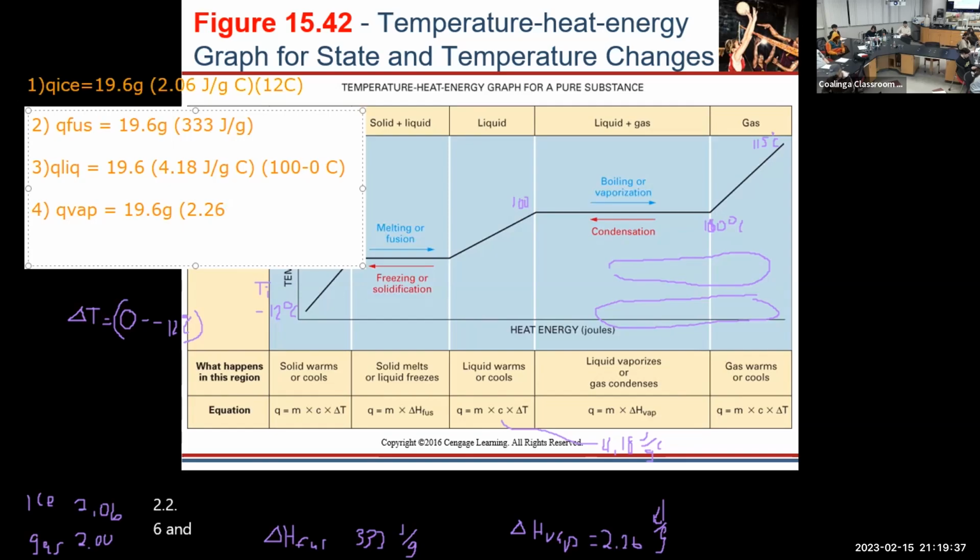In this case it is kilojoules per gram, right?